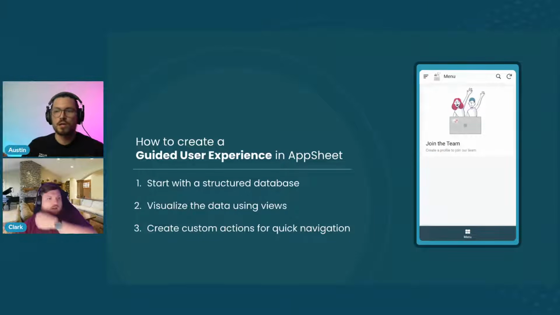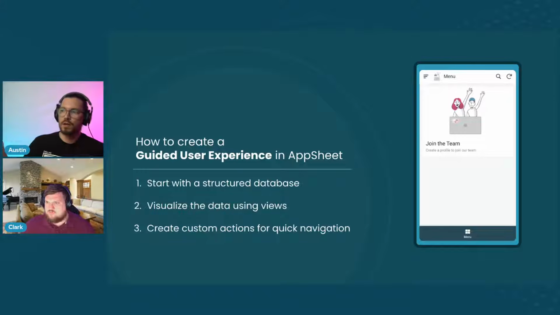And so that's the third step, creating custom actions for quick navigation. A lot of times AppSheet can understand that you want this type of navigation, but let's say for instance you want to make a menu view and make it dynamic based on who's logged in. For this example, this person has not created an account yet on our app, and so it's prompting them to join the team.